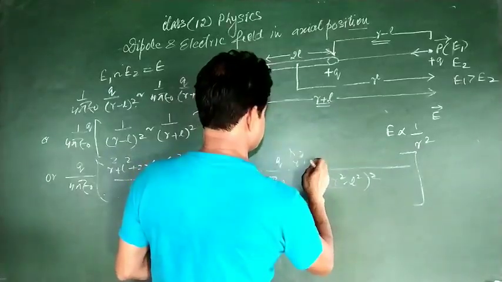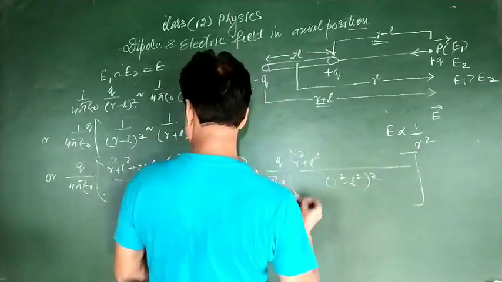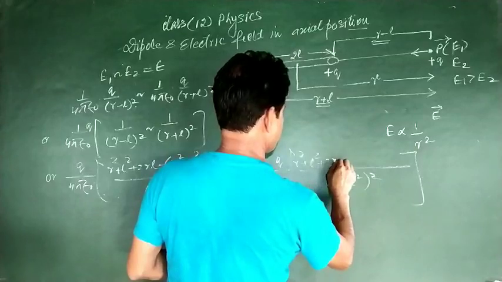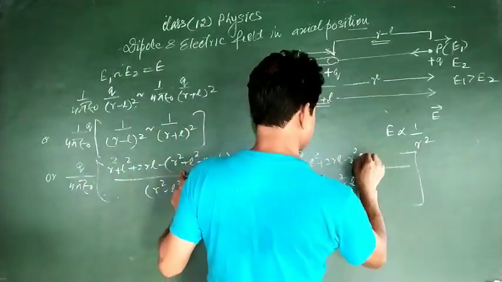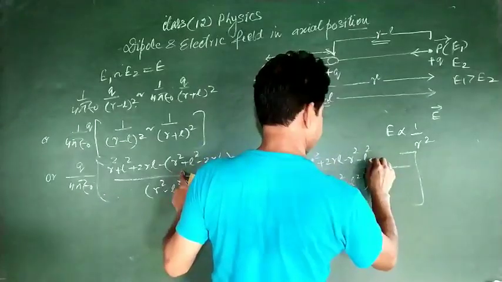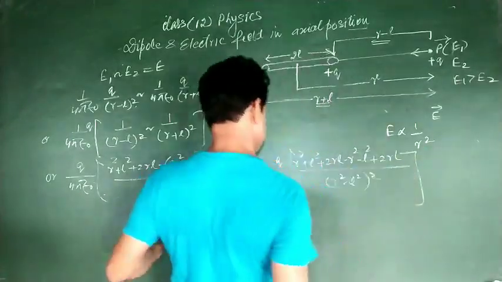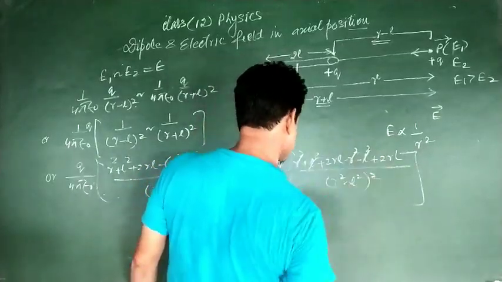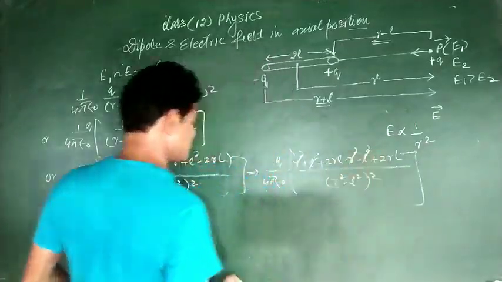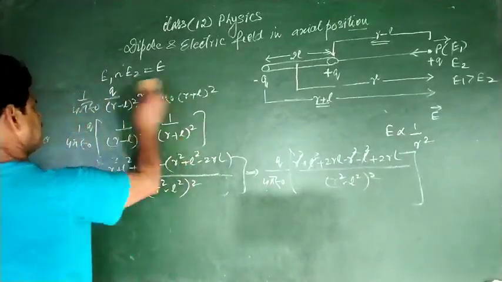Here r square cancels r square, L square cancels L square, and 2rl plus 2rl is equal to 4rl.